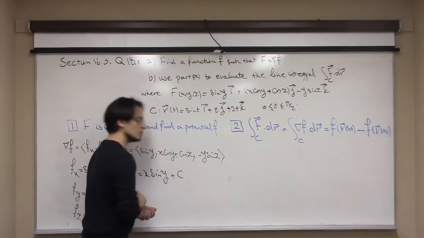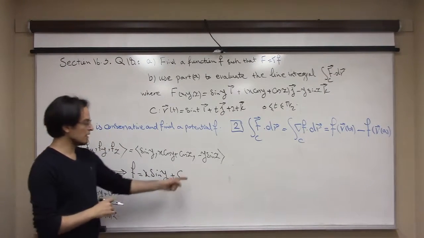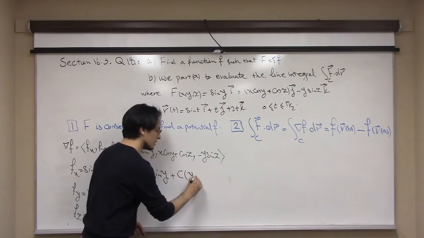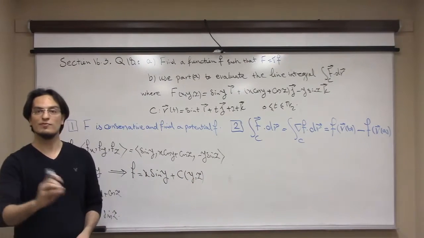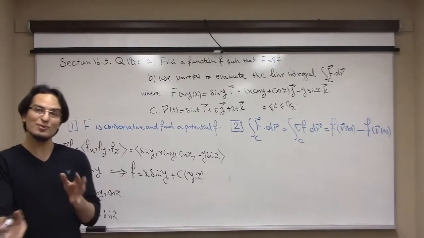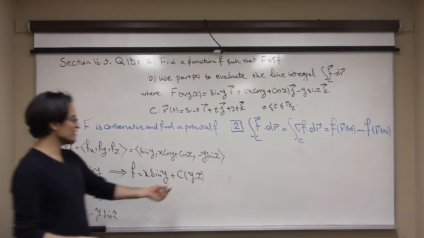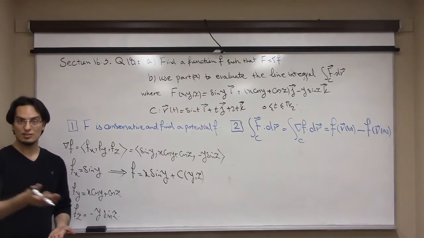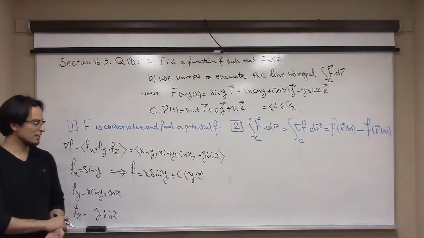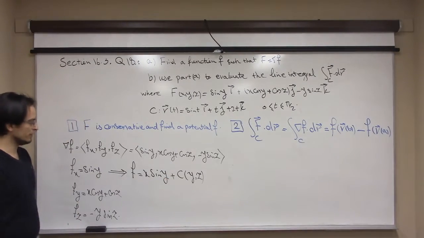That means here I can have any function which is in terms of y and z, because when you find the partial derivative, you consider y and z constant with respect to x, yes? So that would be the form of the function.